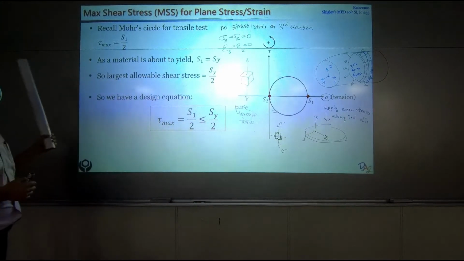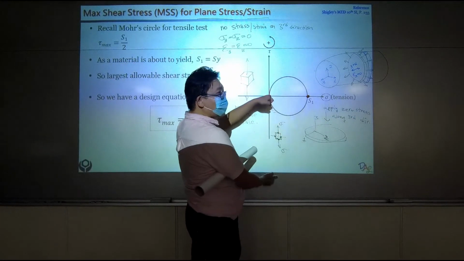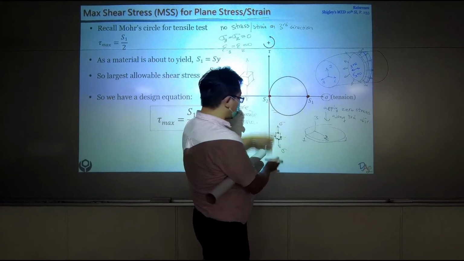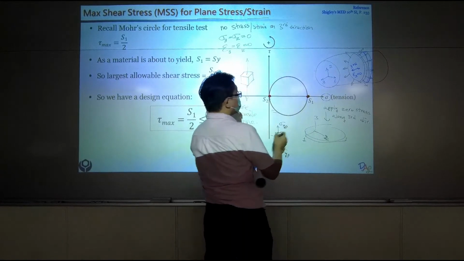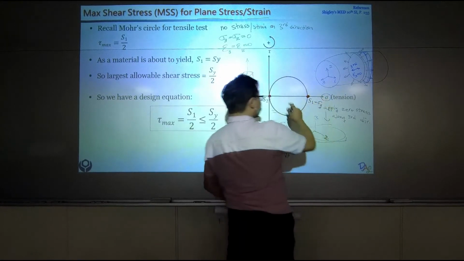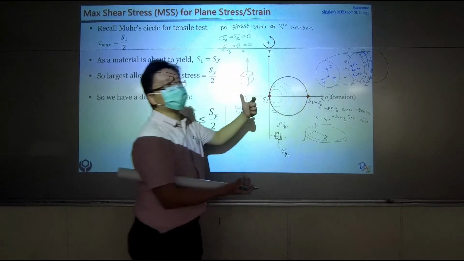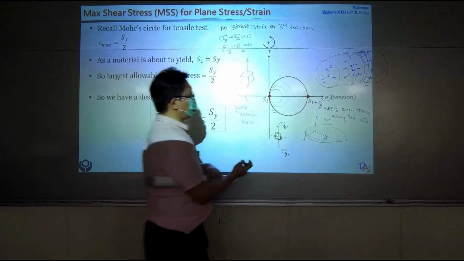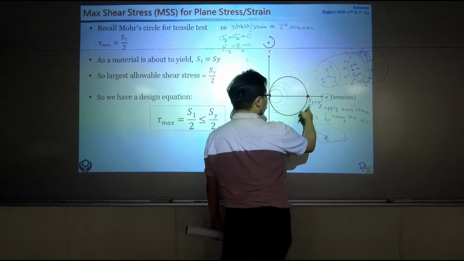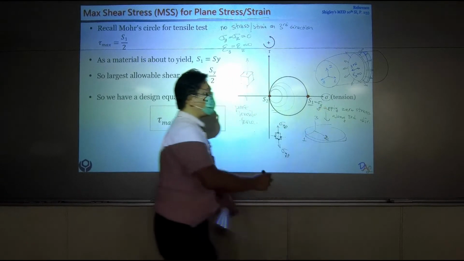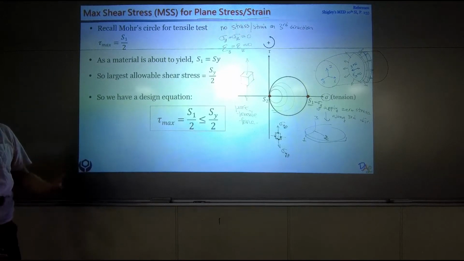Okay? And we said when the material is about to yield, which means you are pulling this, when this pulling stress is reaching sigma yp or sigma y. So when this equals sigma y, this could be increasing its size when you increase the magnitude of your load until it reaches this point and your largest stress equals your sigma yp or sigma y, the material is about to yield.